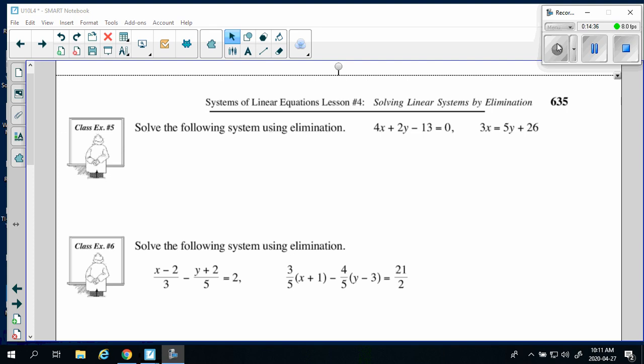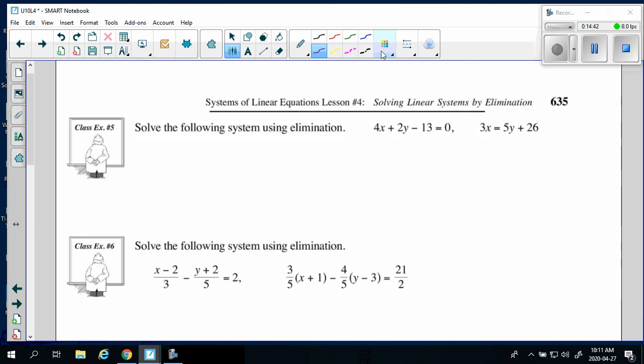All right, solve this one using elimination. So we have two equations again. The difference is that this time they don't quite line up properly. Like notice if I were to write this one underneath, there's 3x equals 5y plus 26. If the equal signs do not line up, that's going to be a problem. You can't really add or subtract those two equations.